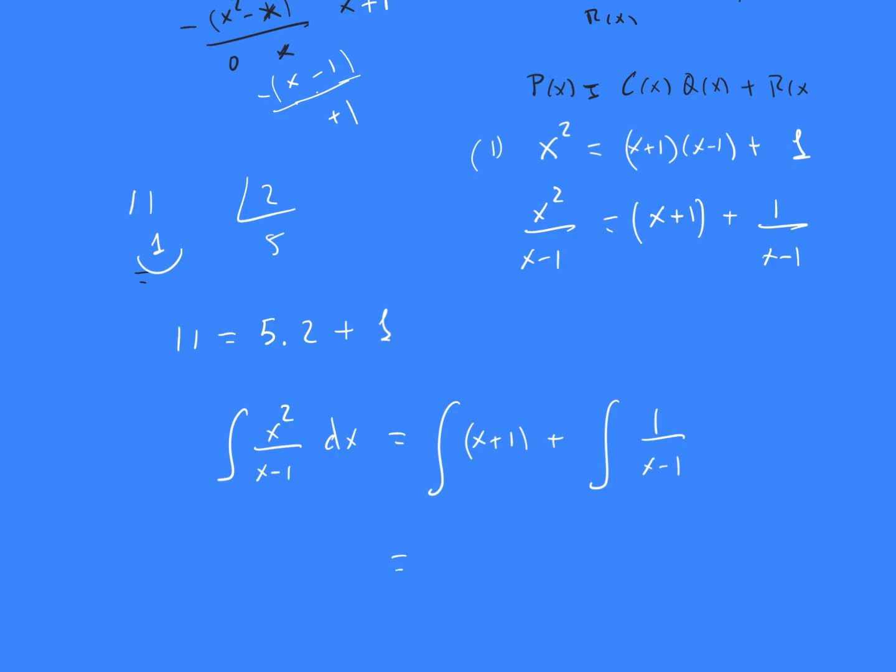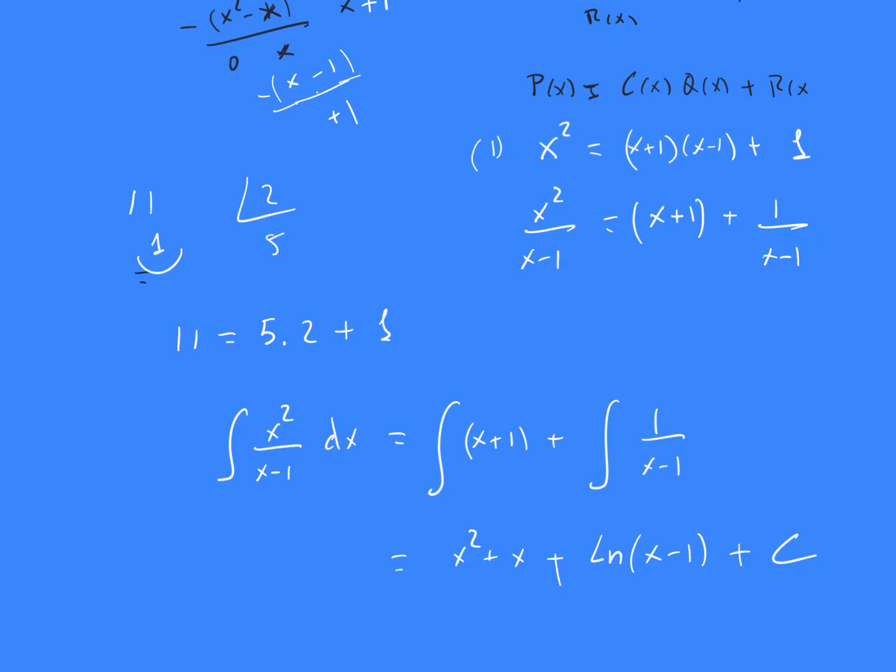What will be the integral of x plus 1? x squared over 2 plus x. What will be the integral of 1 divided by x minus 1? Natural log of x minus 1. So plus c, and this is the result.